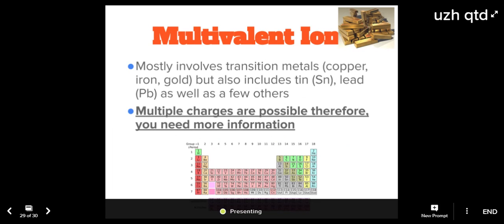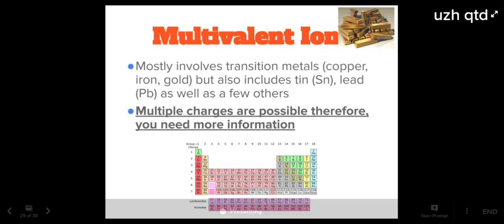Then we have our transition metals, or multivalent ions, which means that they have multiple charges. This mostly involves your transition metals like copper, iron, gold, that whole block there in the middle, but it does also include tin, which is chemical symbol Sn, lead, which is chemical symbol Pb, and a few others.